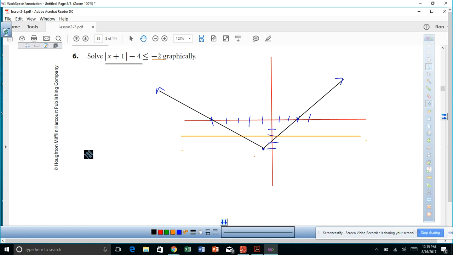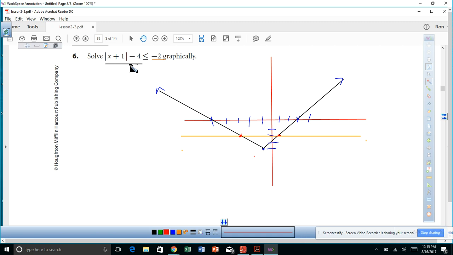All right. So what do we need to do? We need to find these points. We'll find this point here and that point there. So what do we know? So it's less than or equal to. So less than or equal to.